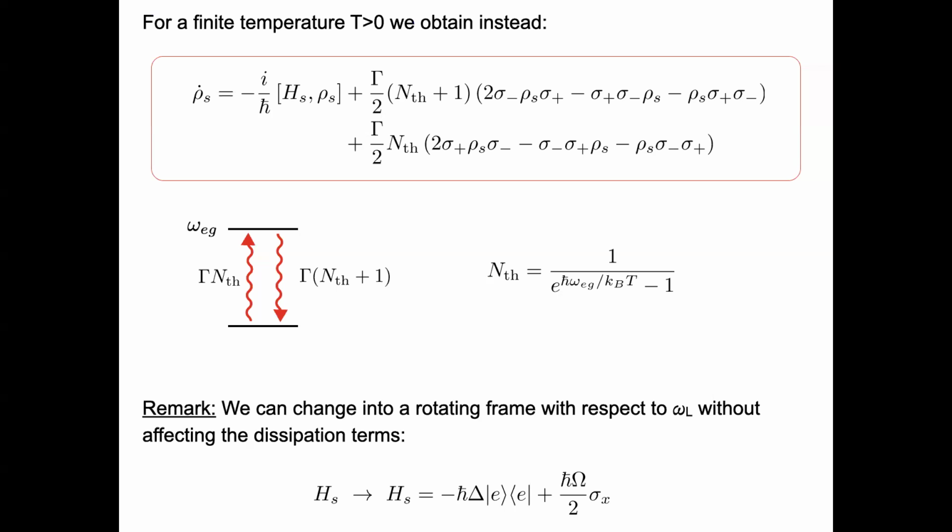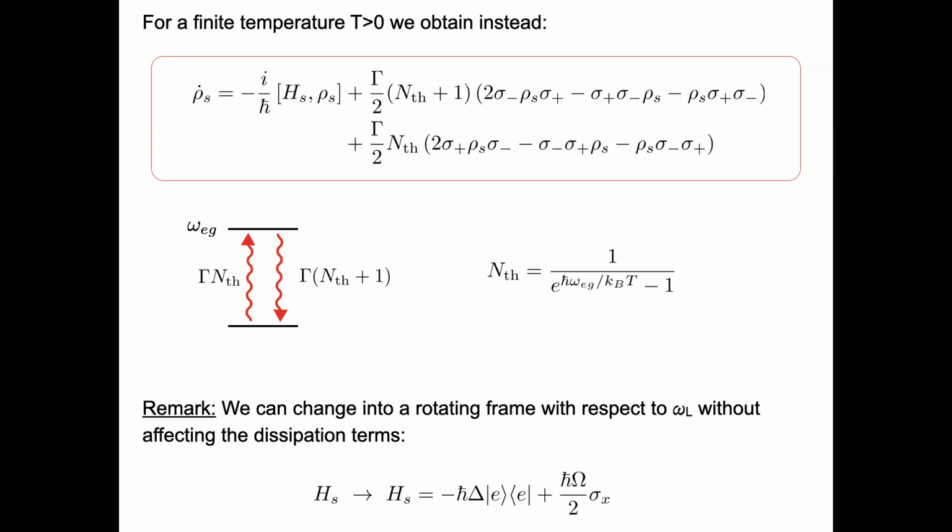And you can also see that in the master equation. So this change to the rotating frame, sigma minus goes over to e to the minus i omega_eg sigma minus.